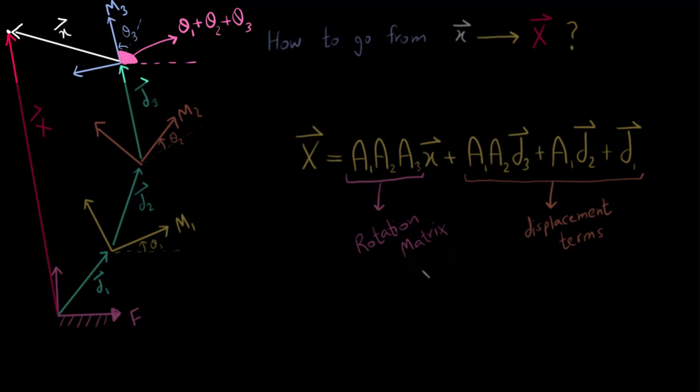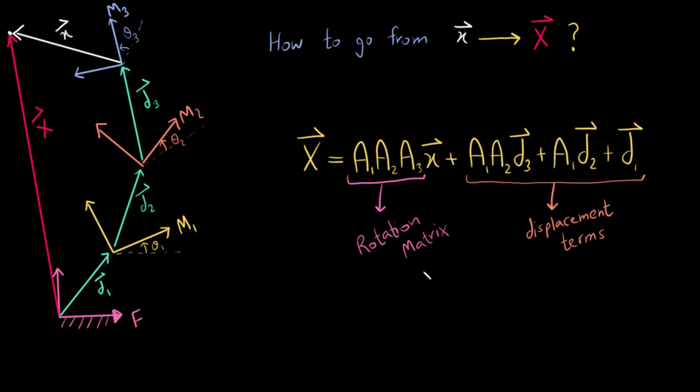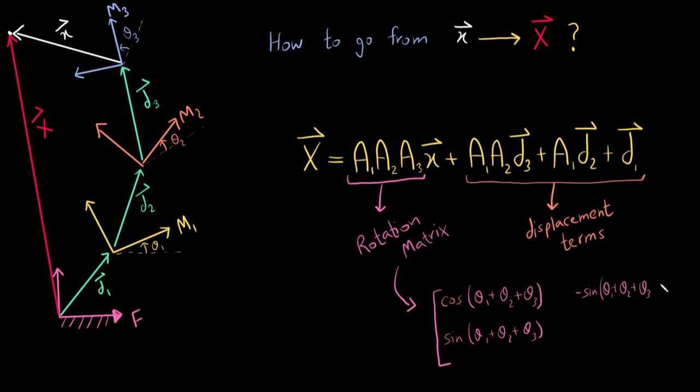So it's not surprising that when I multiply A1, A2, A3 together, I get a matrix which is of the same form as the rotation matrix that we discussed before, which is cosine theta, sine theta, minus sine theta, cosine theta. But instead of theta, I am getting the sum of theta 1, theta 2, theta 3 as expected.